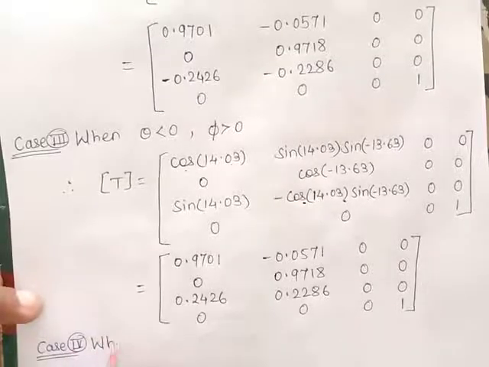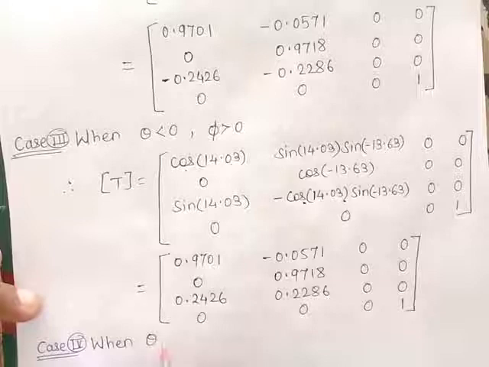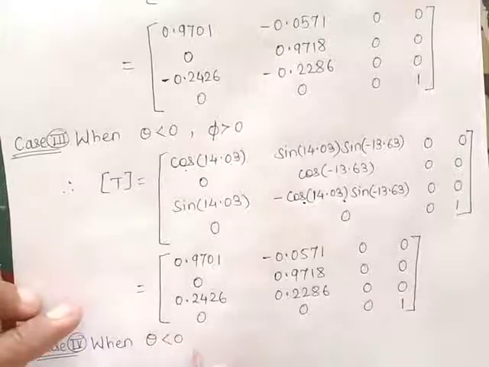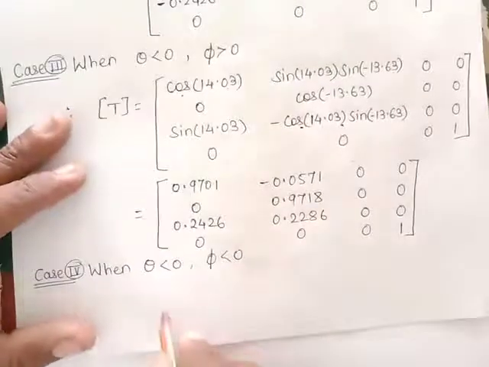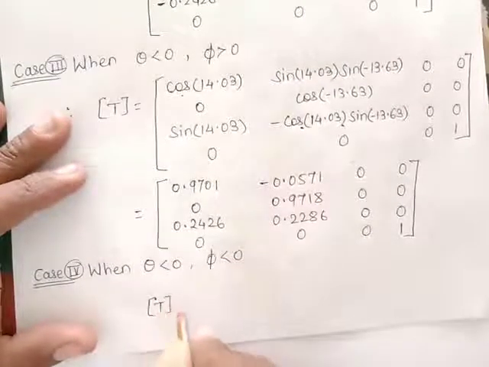Case 4, when theta is negative and phi is also negative. What is the transformation matrix T in that case?